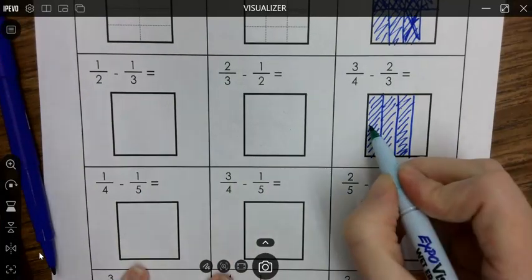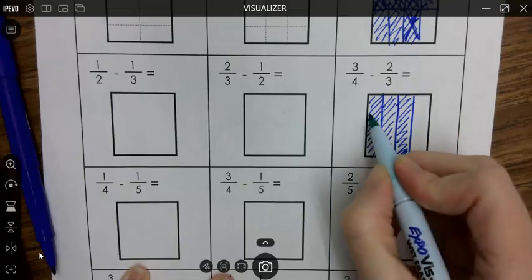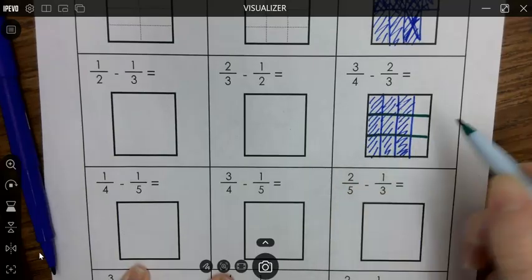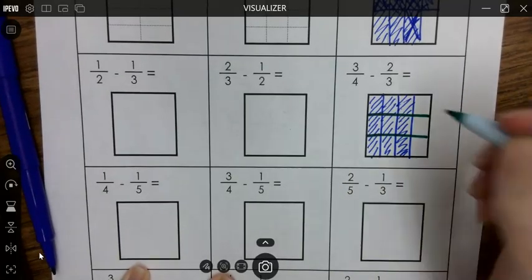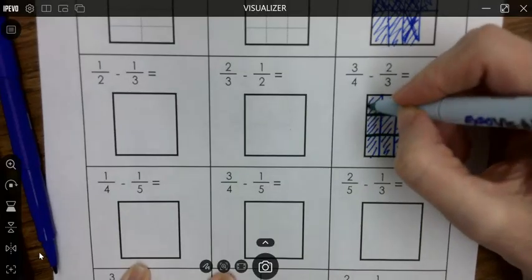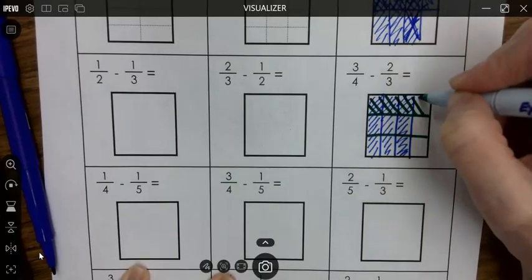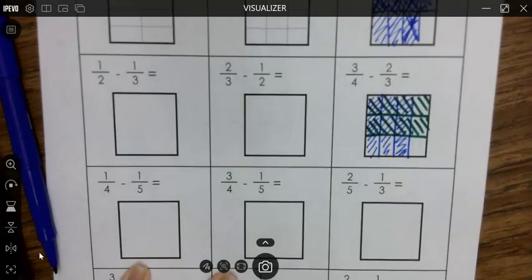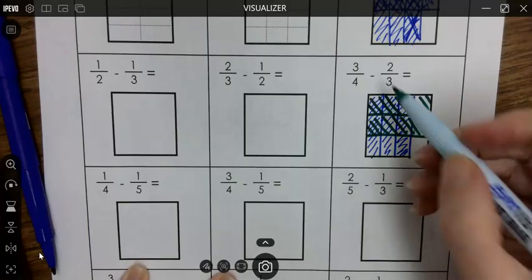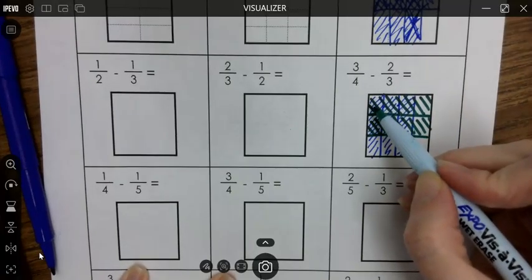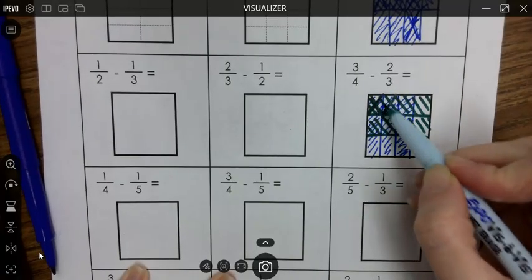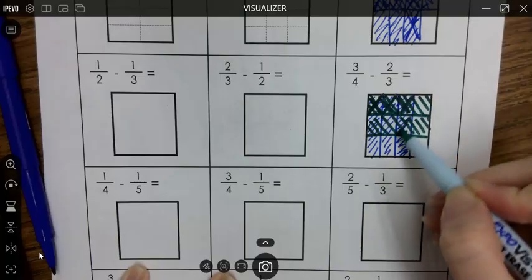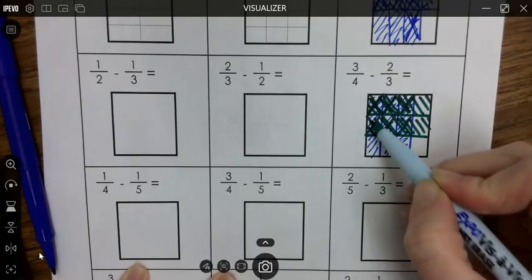All right. Then to make thirds, we're going to draw 2 lines. So we have 3 equal parts, and we have to take away 2 of them. So I'm going to take away that and that. All right, so there's green over blue for this one, and this one, and this one, and this one, and this one, and this one.